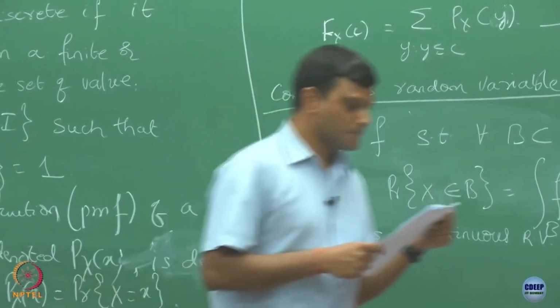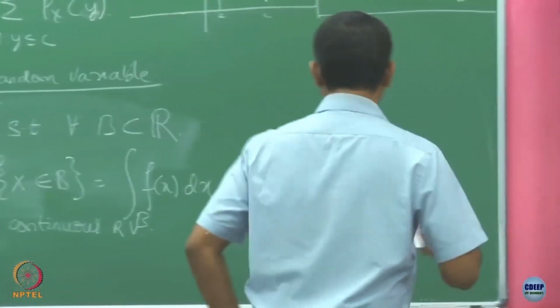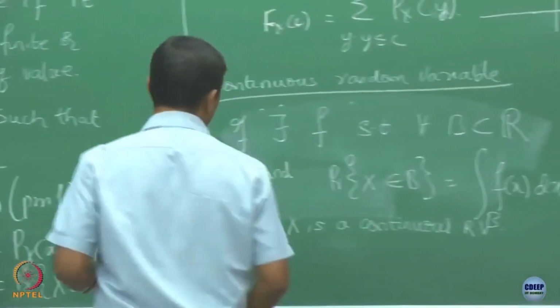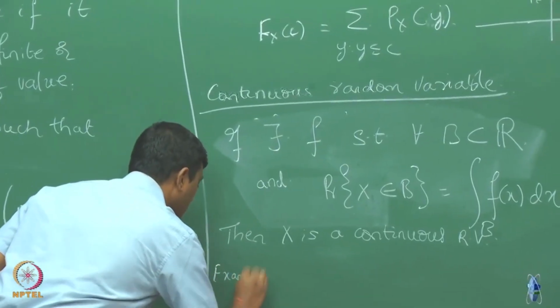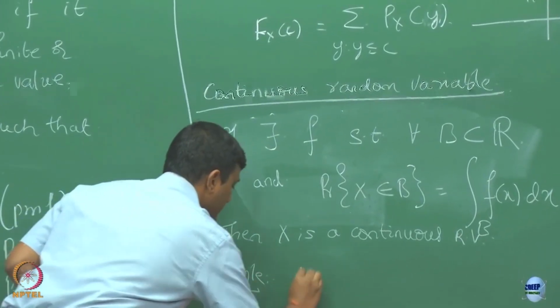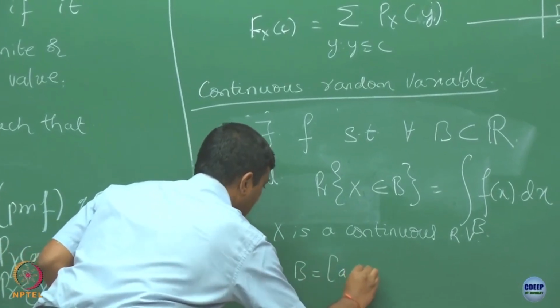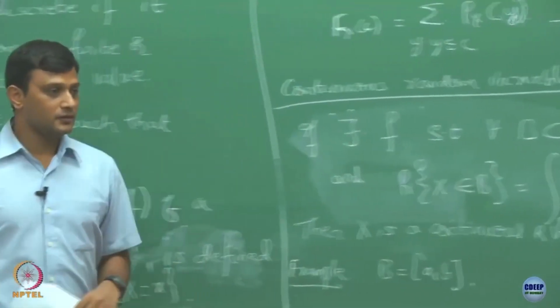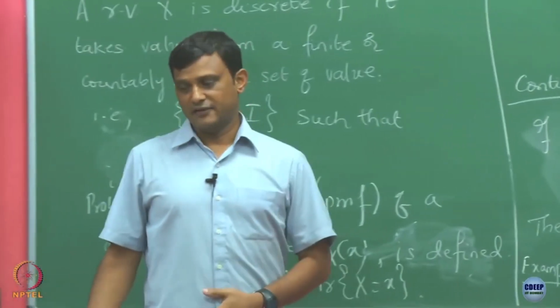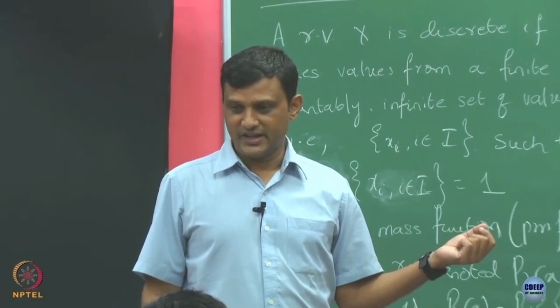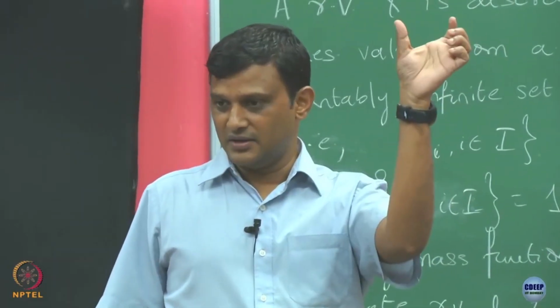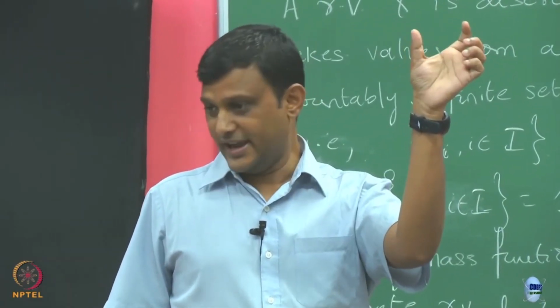So for example, your b could be simply an interval. Your random variable is continuous, and now you ask what is the probability that x takes value in the interval ab?